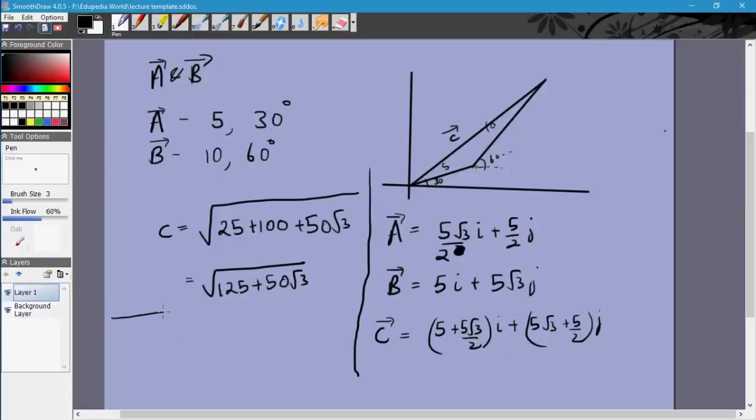And now if you wanted to find out the magnitude of C, we can just do this again. It will be root of this square plus this square, right? This side plus this side by Pythagoras theorem.